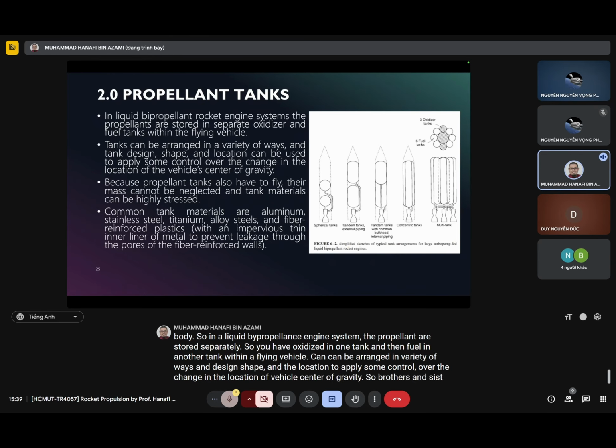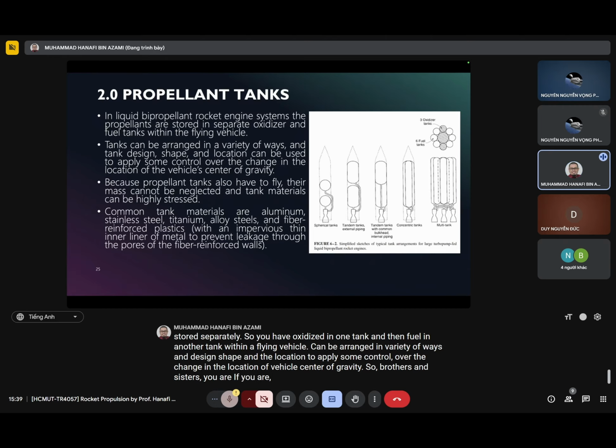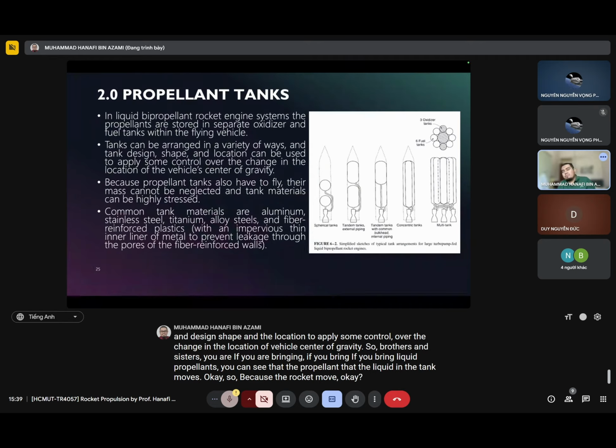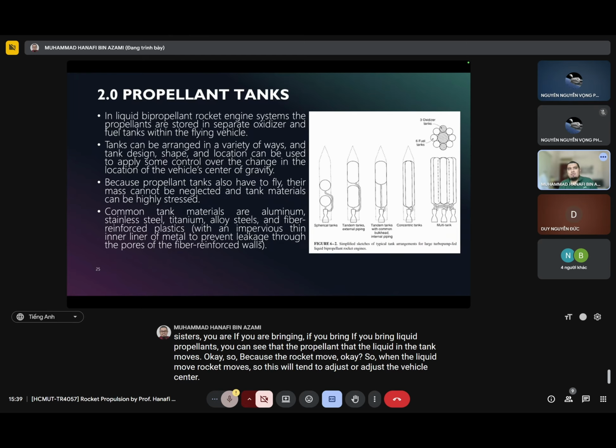If you bring liquid propellants, you can see that the liquid in the tank moves because the rocket moves. When the liquid moves, this tends to shift the vehicle center of gravity.